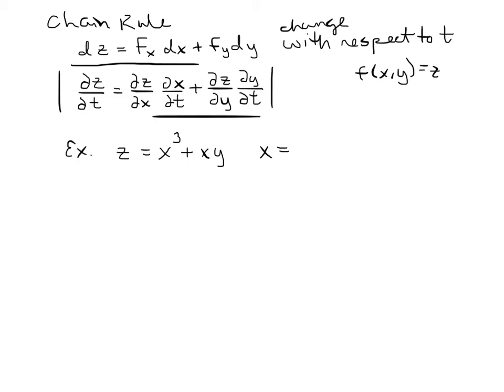So let's actually make our independent variables s and t. So let's say that x is equal to s times t, and let's say that y is equal to s squared plus t. And let's find the partial of z with respect to s.